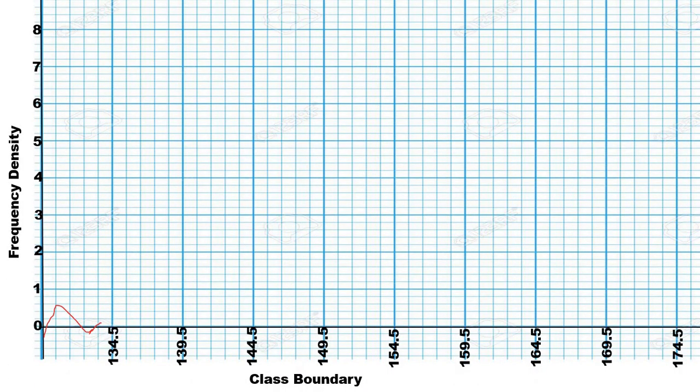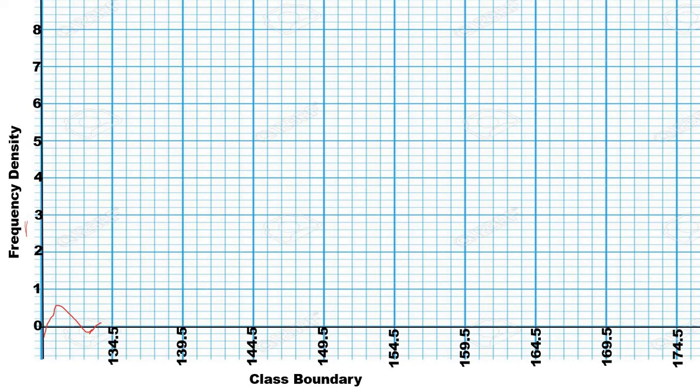So here is my graph. The vertical axis represents the frequency density, and the horizontal axis is for the class boundaries. I'll start with the lower class bound, which is 134.5, and go on to 174.5.